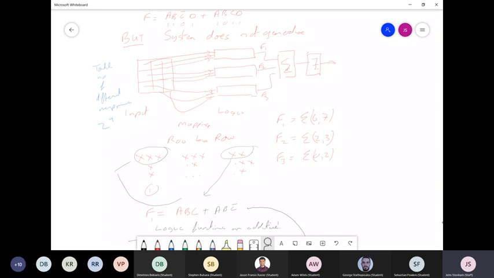The top row could be 111 or 110, which gives rise to a logic function. And this logic function, for the top row, would be sigma 6,7, which as a Boolean equation, calling the variables A, B, and C, 6 would be A, B, and not C, and 7 would be A, B, and C.